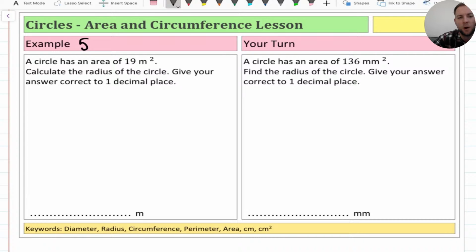What's different about this one? What am I trying to find in this one?